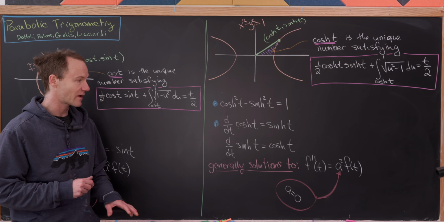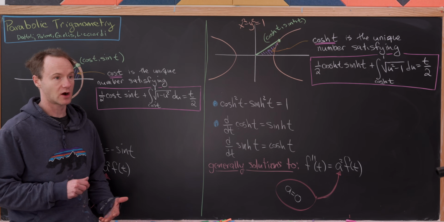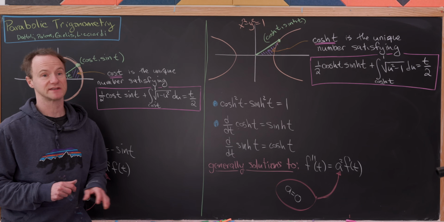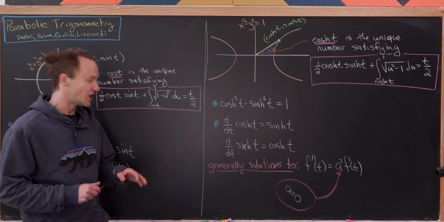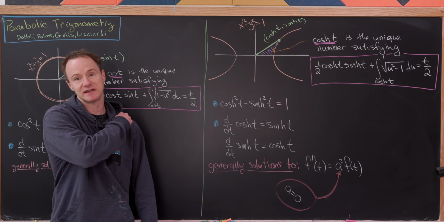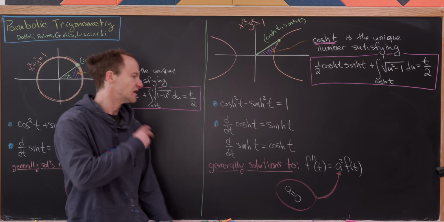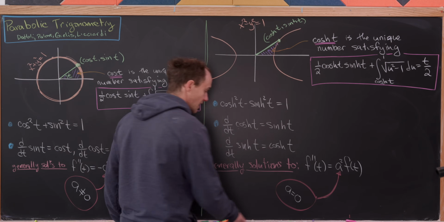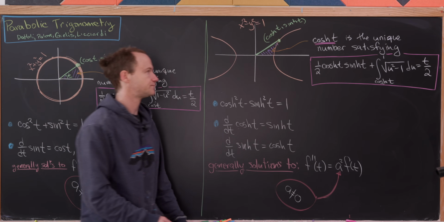And then hyperbolic cosine and hyperbolic sine are solutions to the differential equation f double prime equals f. But generally, they're solutions to f double prime equals a positive number times f. So we're writing that as a squared times f, where a is not equal to 0.